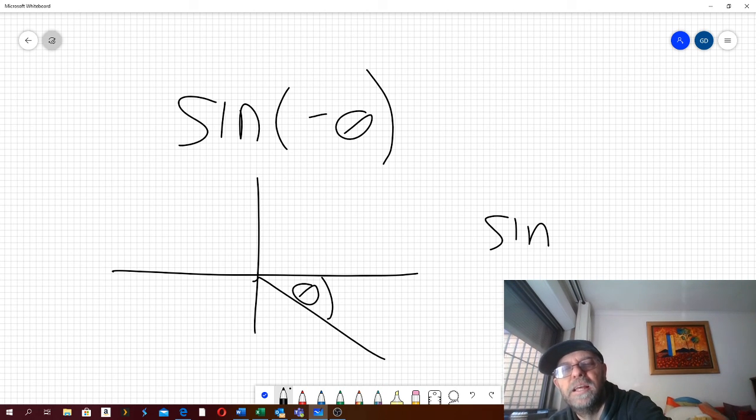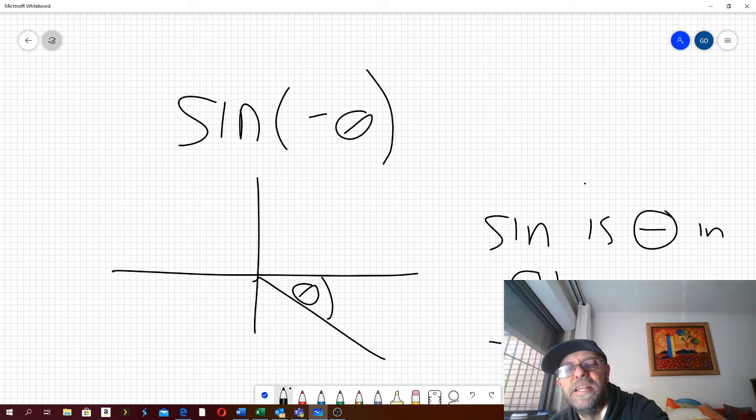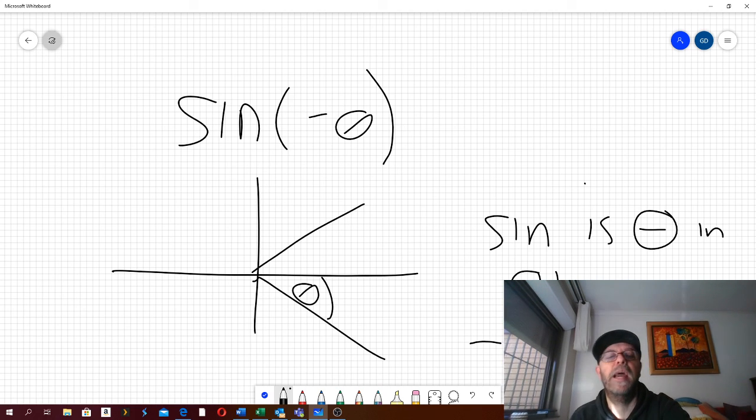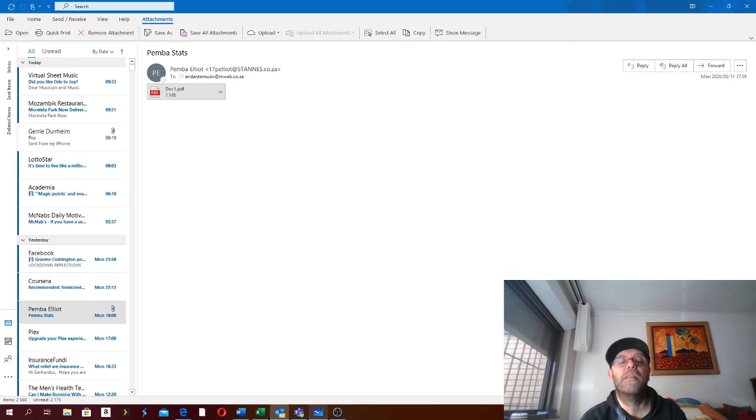Sine is negative in quadrant 4, so it is the same as the negative value of sine theta in quadrant 1. You can explain it like this, and you should probably draw a picture to show that the thetas are the same, and therefore sine of minus theta is the same as negative sine theta.